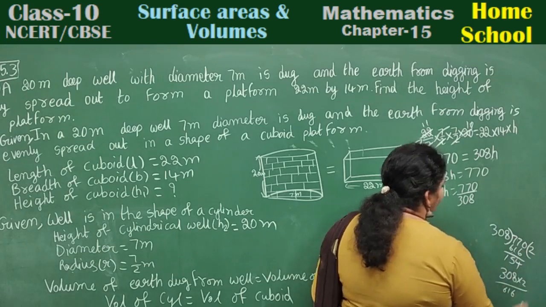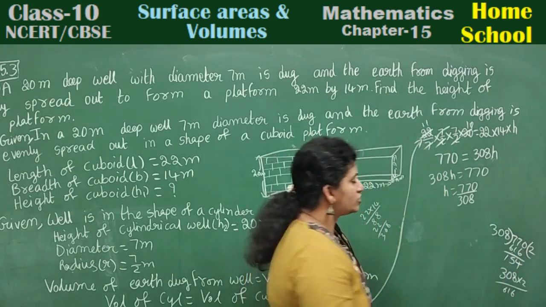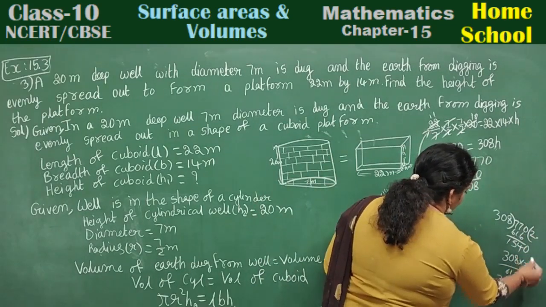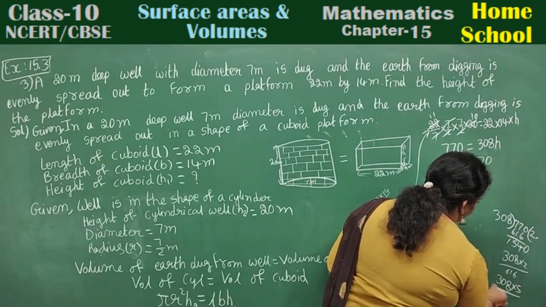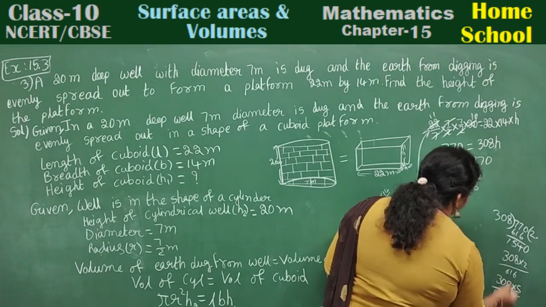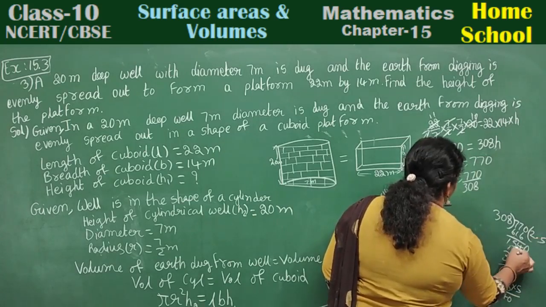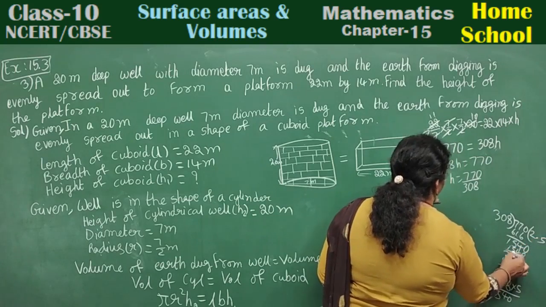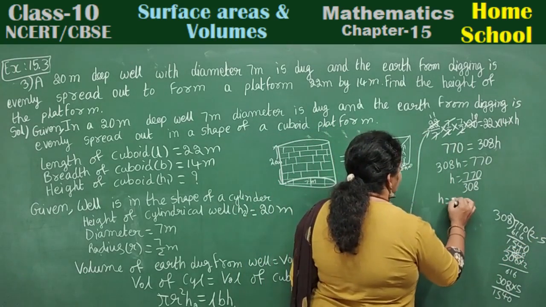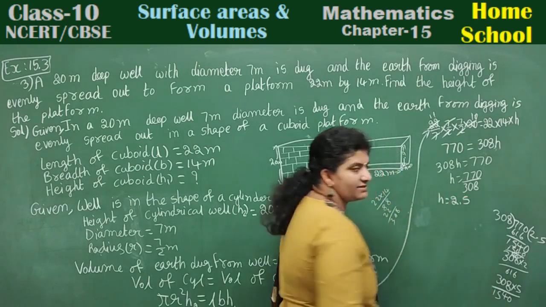We can't get 154 in 308. So put a decimal point and take a 0. Okay, you have a 0 here. Let us guess 5. 8 5s are 40. 15. Yes, exactly. That is 5s are 1540. Therefore, H is equal to 2.5 is your answer.